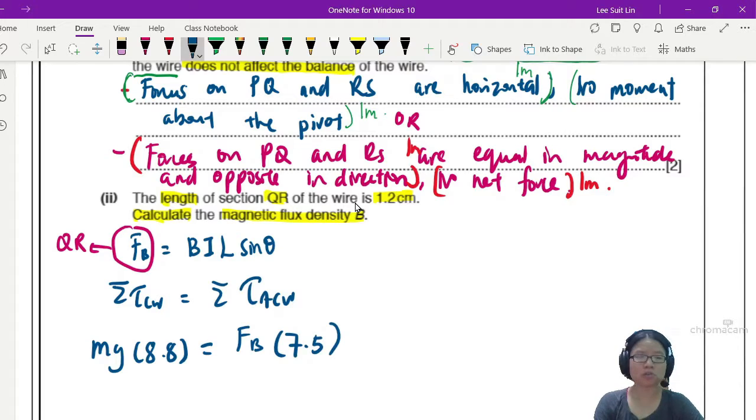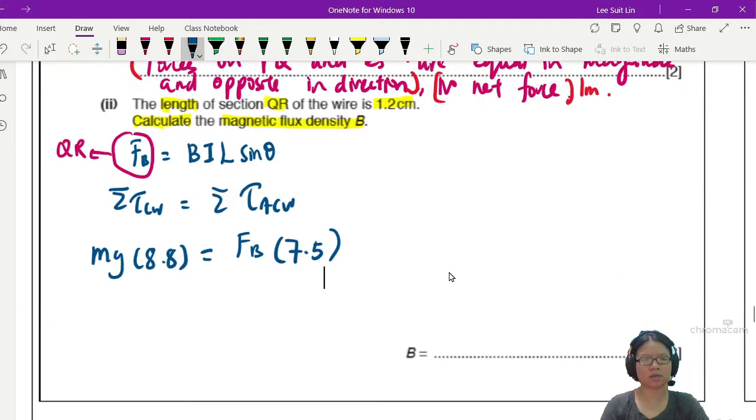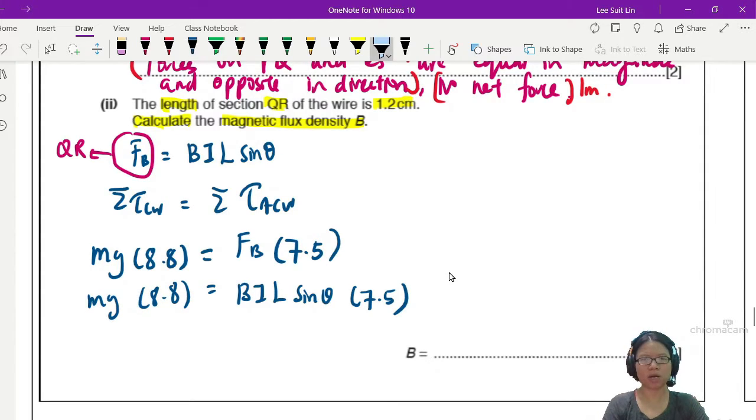Okay, so I guess we can now substitute values. So let us go value hunting a bit. Just a side note or a reminder, this is BIL sine theta times 7.5, equals mg times 8.8. Okay, let's go hunt.